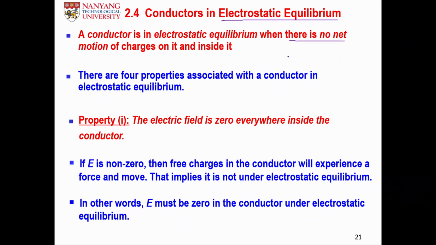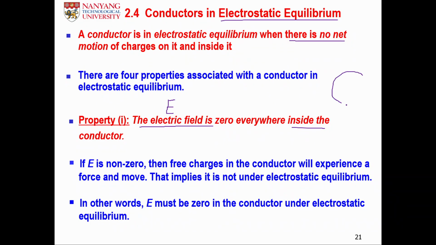And once the conductor is in this condition, there are four properties we will discuss one by one. The first one is the electrical field E. Basically E is always zero inside the conductor.